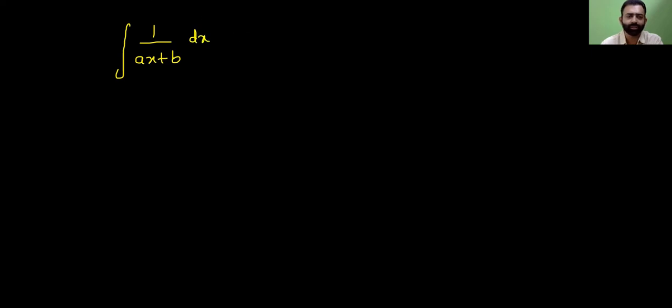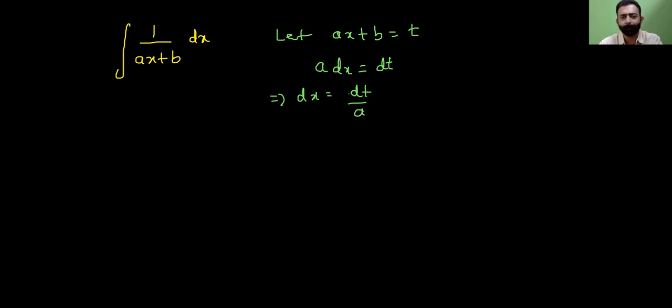Let us substitute ax plus b as another variable t. So a times dx will be equal to dt, which means dx is dt over a.